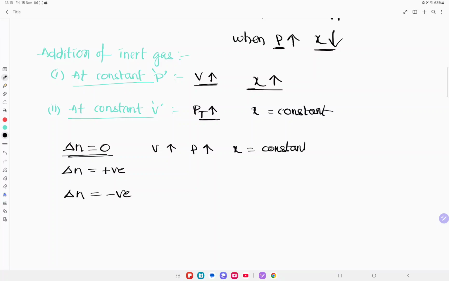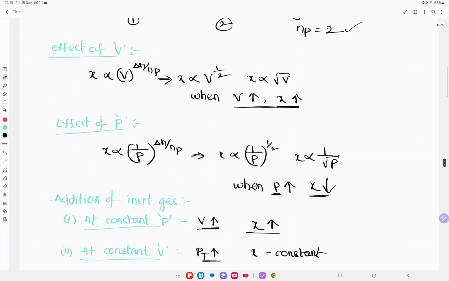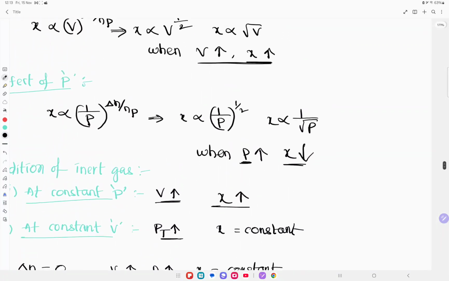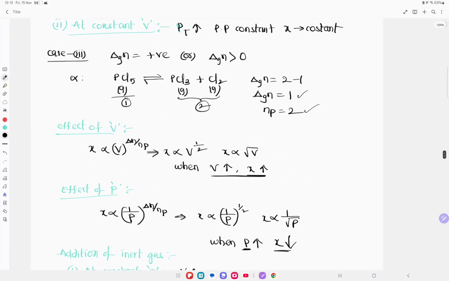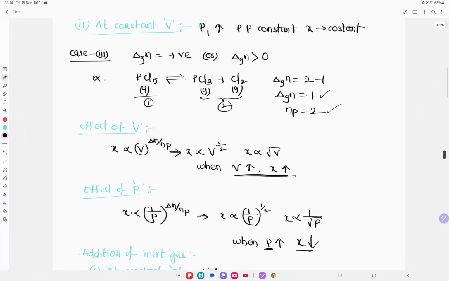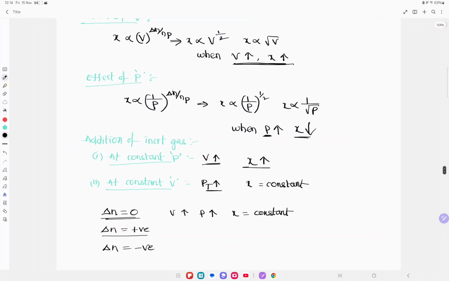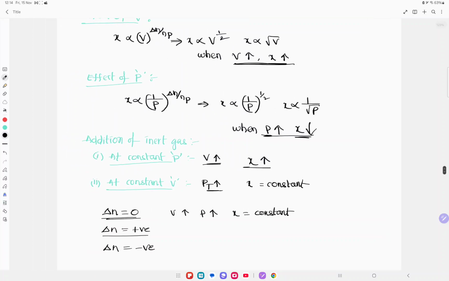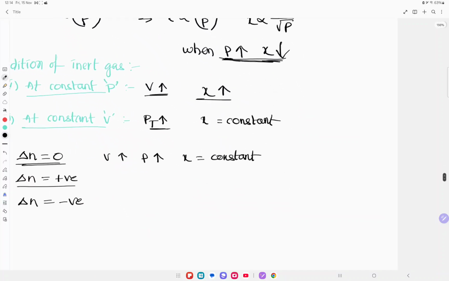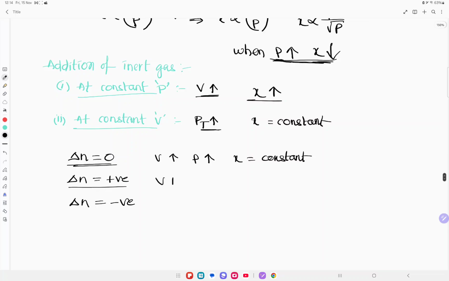Next, if delta n is positive, in this case when volume increases, x increases, and when pressure increases, x decreases.